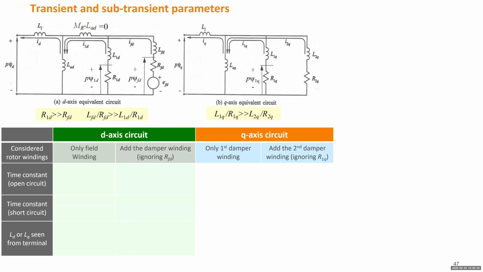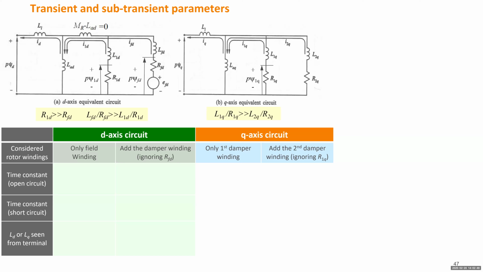So we create this table. We separate it into the DSA circuit and the QSA circuit. Even though we have two windings in each circuit, we don't have to consider both. For some calculations, you only need to consider one. So in each circuit, I create two subcategories.